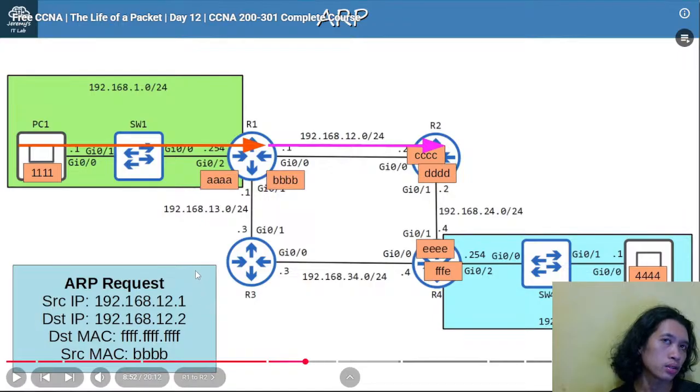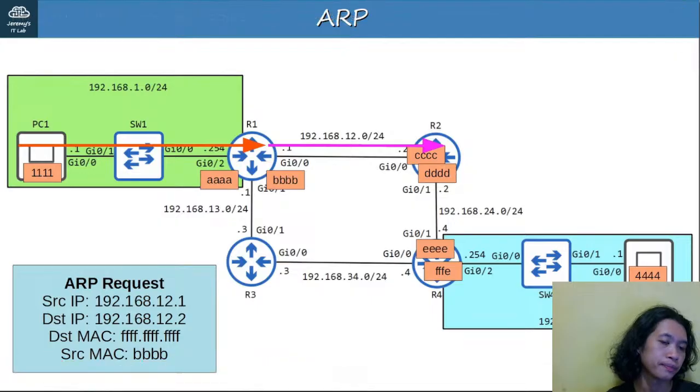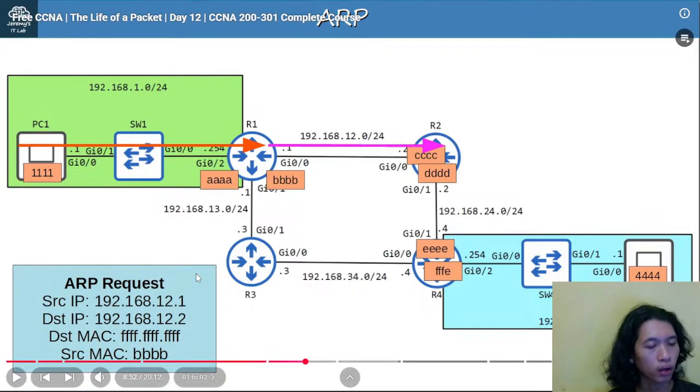So for the ARP request, from a personal opinion, the simple idea is that the ARP request is useful for finding the destination MAC address, as you can see with the all F's. The main purpose of the ARP request and ARP reply is to find that device's MAC address, I mean, that interface's MAC address.